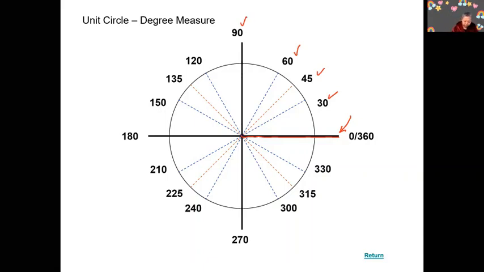Then we can go further with 120 and 150, 30 degrees more. Then in the middle of them, we will have 135. So that means this is 45, this is 45, this is 45, this is 45, right? Or you can just go by 30, 30, 30, 30, 30, 30. And then all the way there, of course, we're gonna have 180.